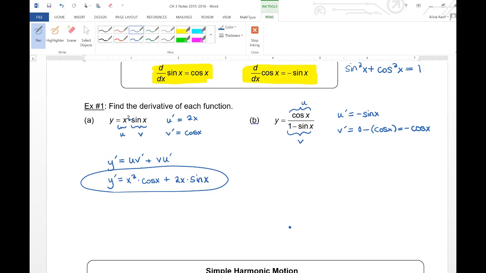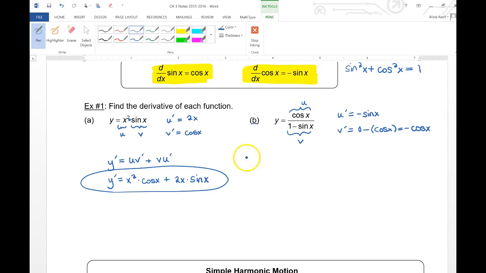Did you put an extra minus in there and make a plus? I'm talking about the bottom, negative cosine. Yes, that's what I'm talking about too. Because 1 becomes a 0 minus, and the derivative of sine is cosine. The whole thing is just negative cosine.